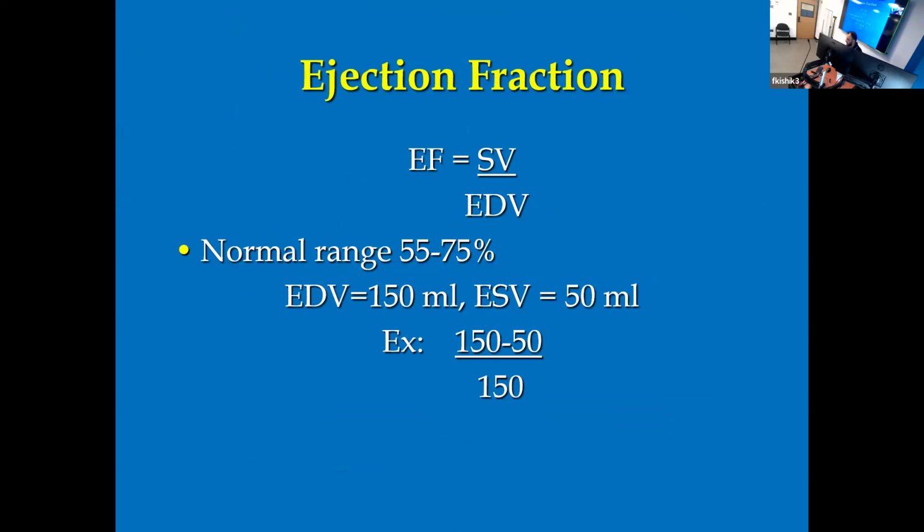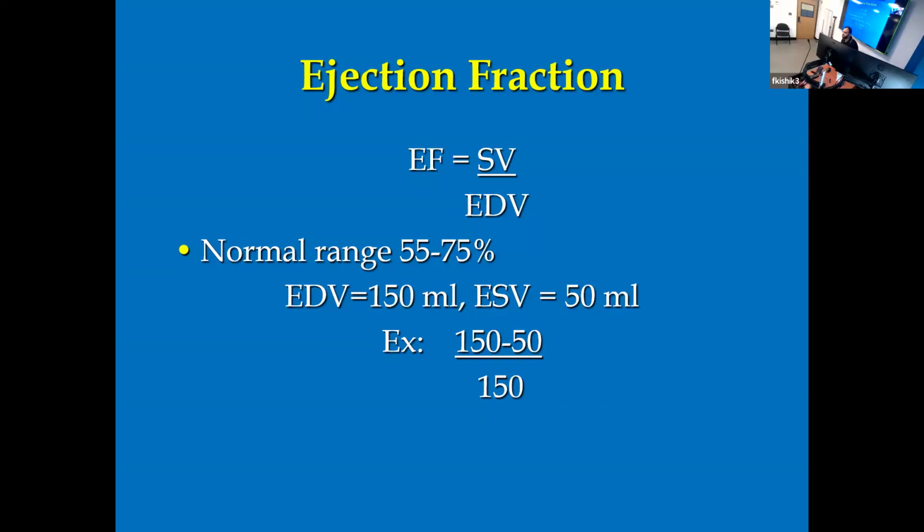So because math, if your denominator is smaller, your equation will get bigger. But the problem is what the denominator actually is. It's end diastolic volume. So if your end diastolic volume is reduced, let's say you have, this is an example, 150, you make it like 15, it's going to be a much higher number.